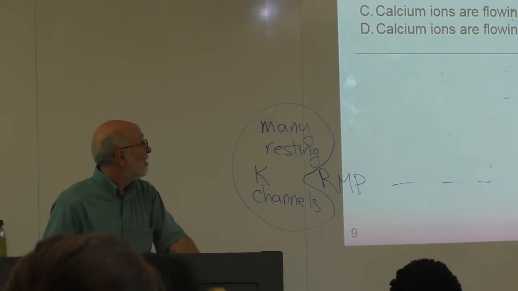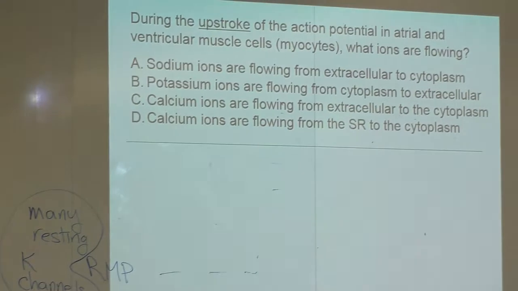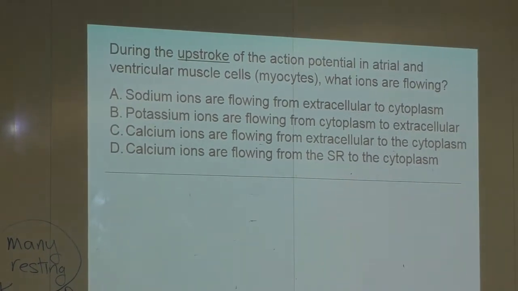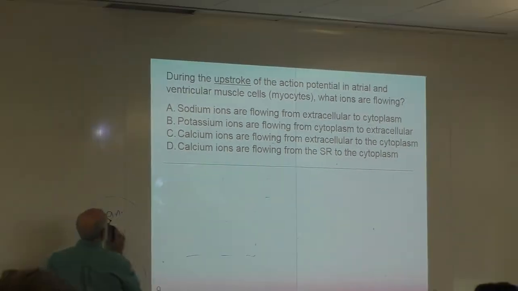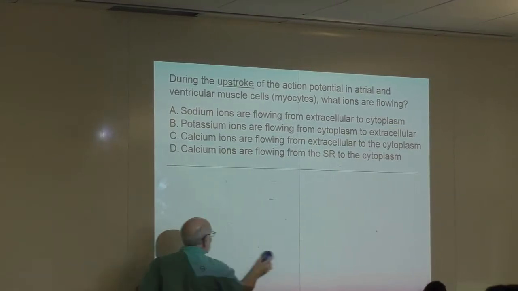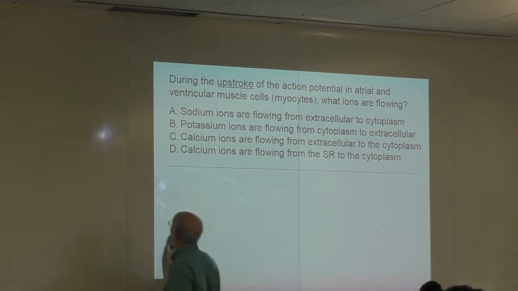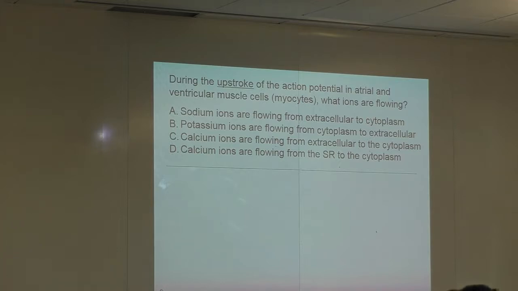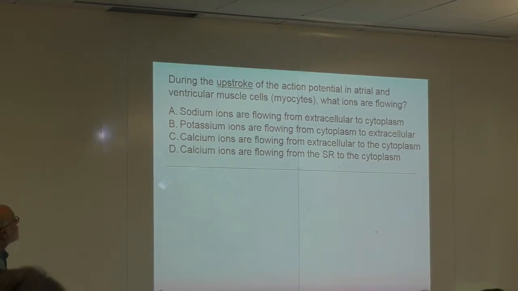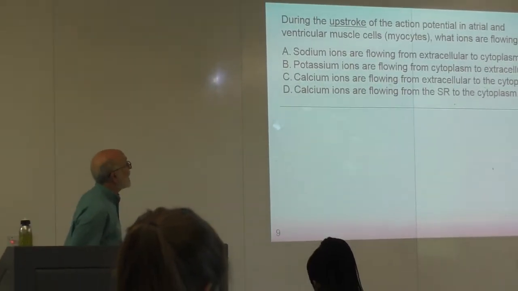Okay, let's do a clicker. During the upstroke, that's the rapid depolarization of the action potential in muscle cells, myocytes, what ions are flowing?